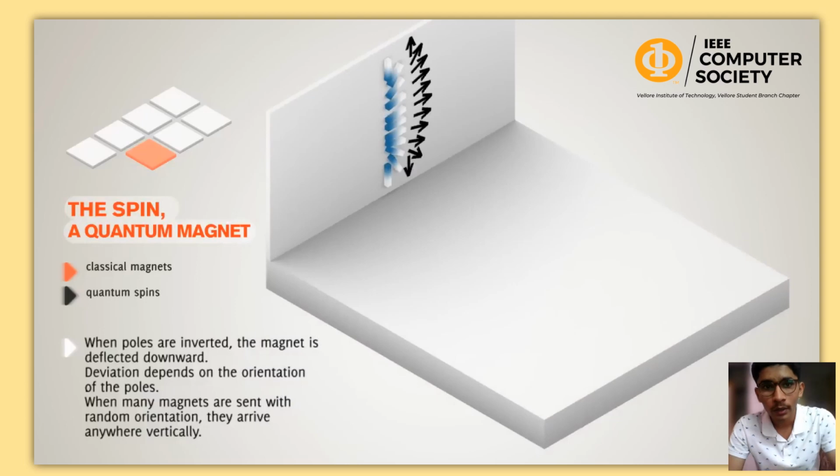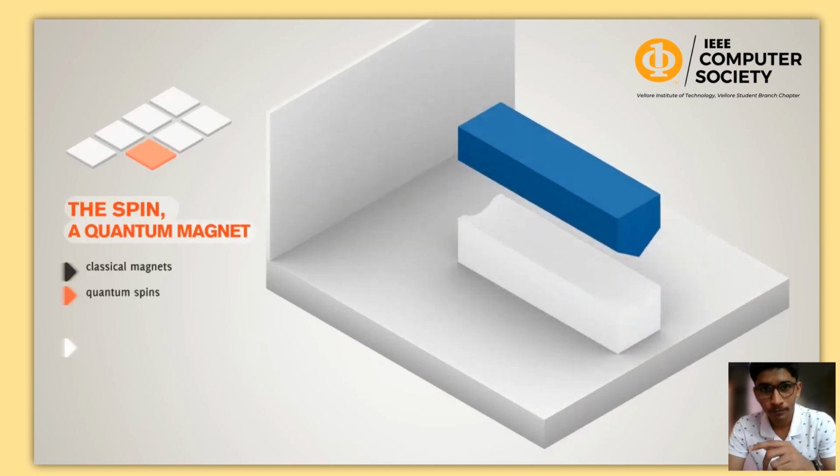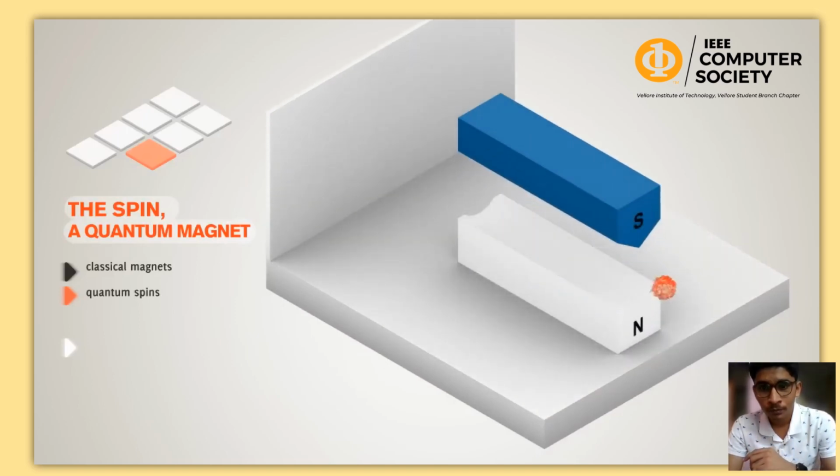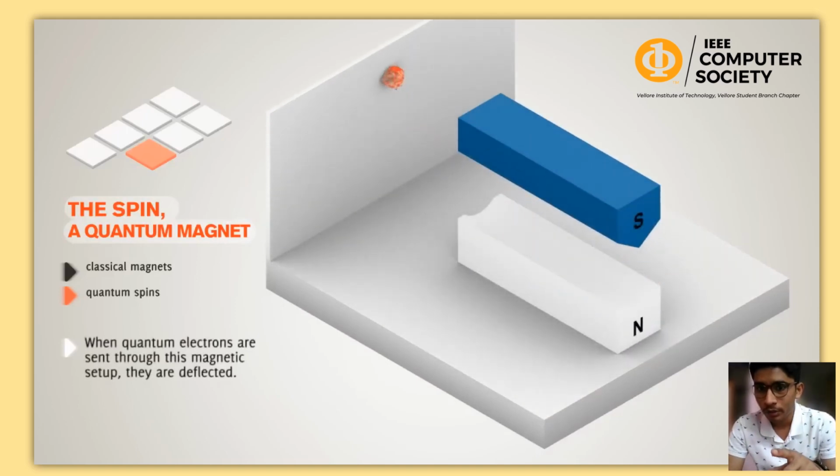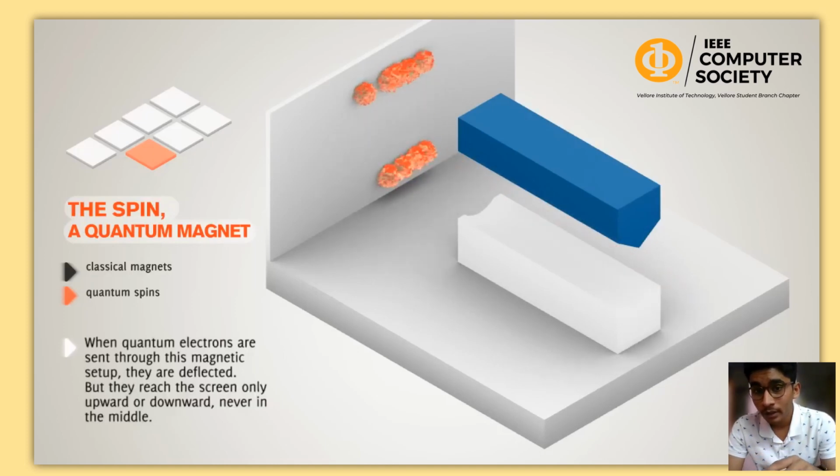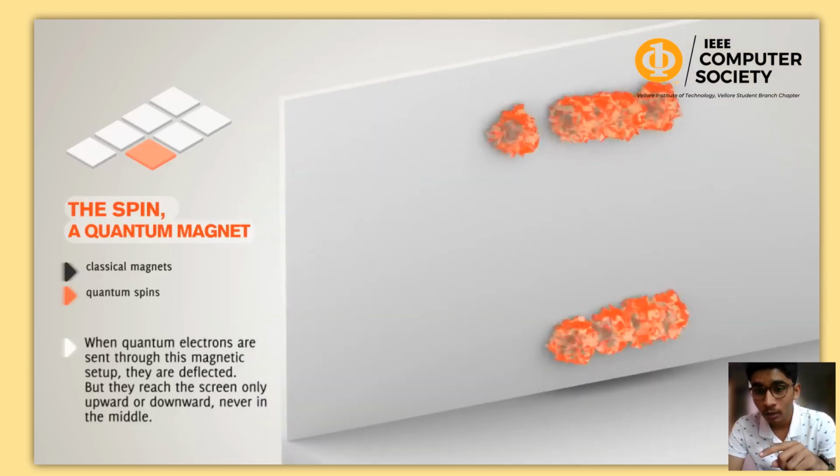And now, what's next? Now these are electrons. Look at the formation that they make, sticking behind on the screen.